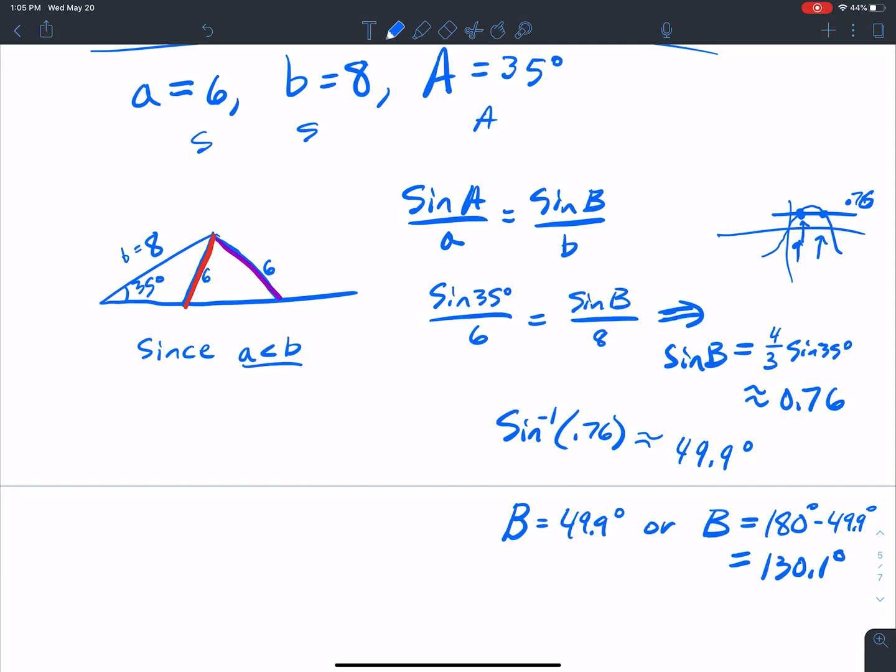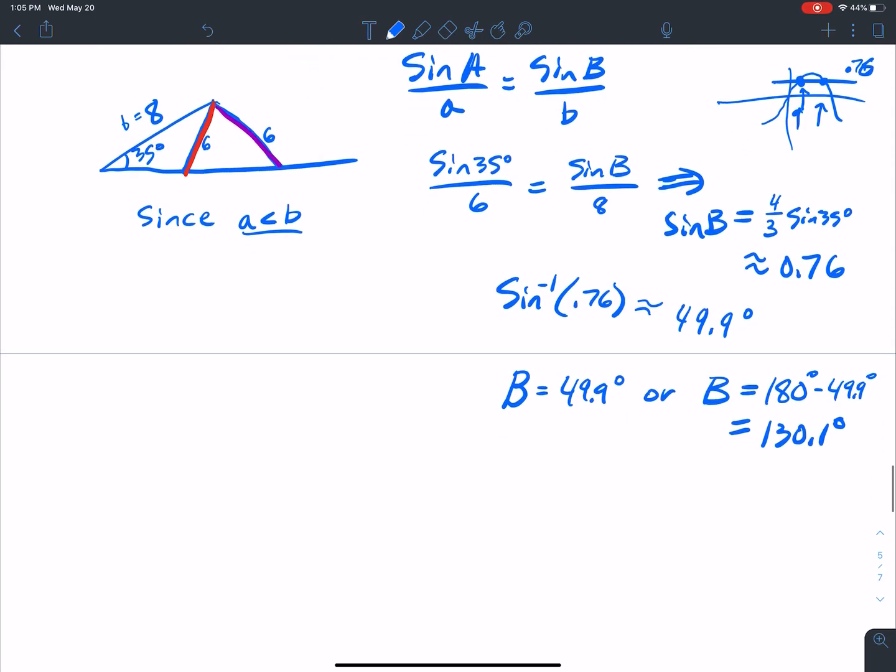Now, check to see if both of them are viable options. Well, if I add the 35 degrees plus the 49.9 degrees, that's certainly less than 180, so that's okay. And if I add the 35 plus the 130.1 degrees, that's still less than 180, so that's okay too.